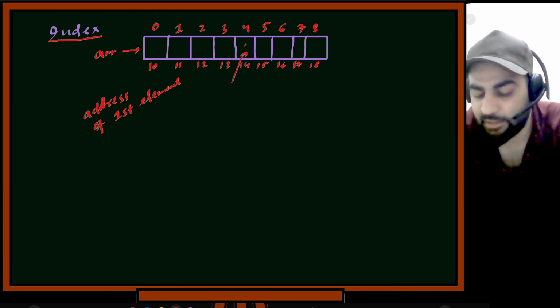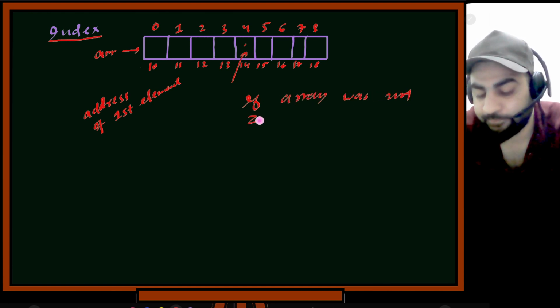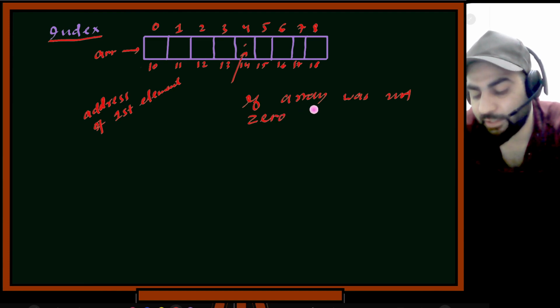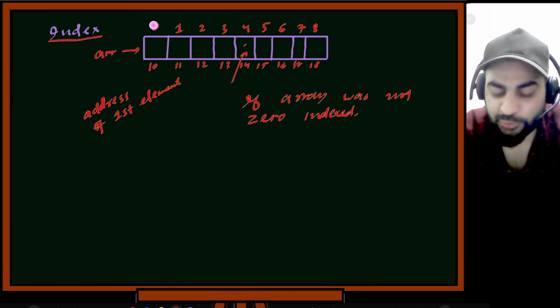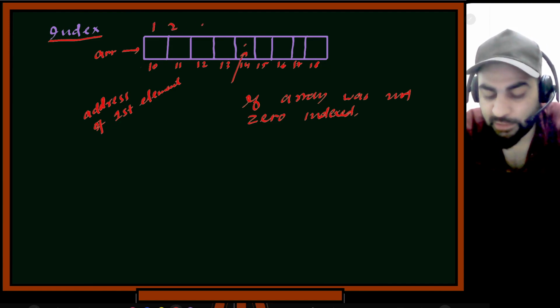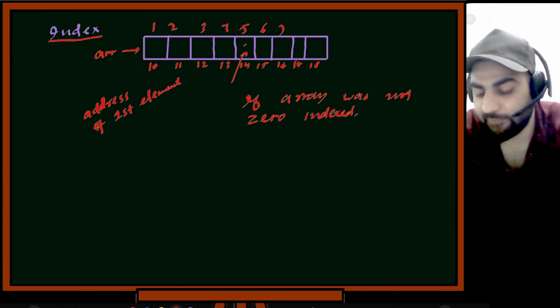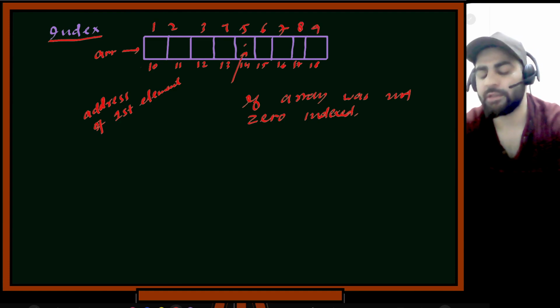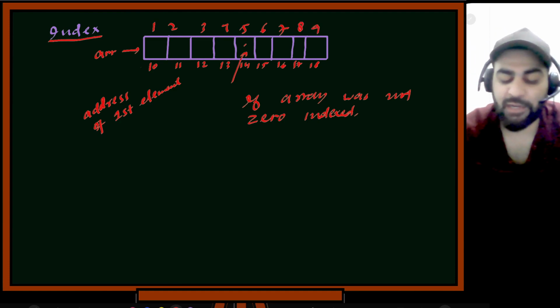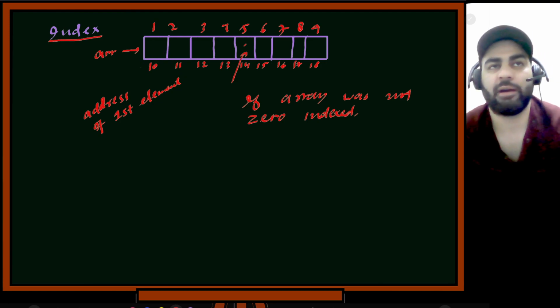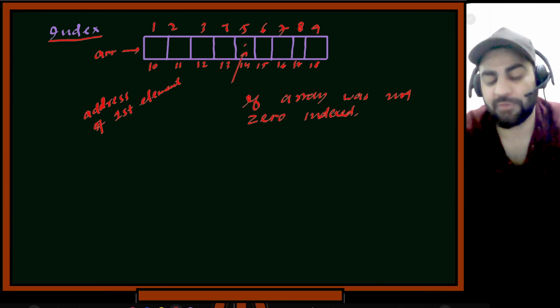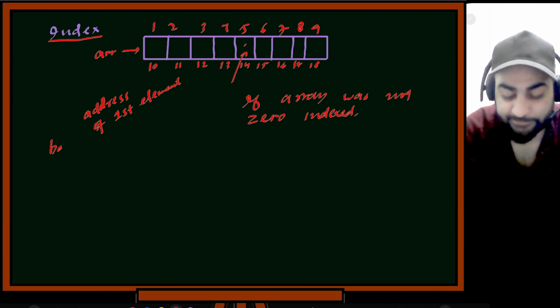Let's say the array was not 0 indexed, and instead it is indexed from 1: 1, 2, 3, 4, 5, 6, 7, 8, and 9. What should happen then? Because I told you we are given just the address of the first element, we call it the base address.